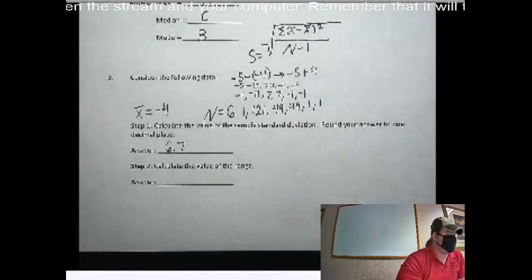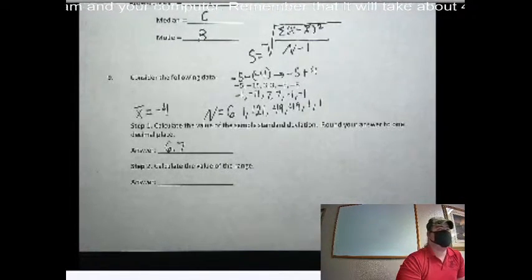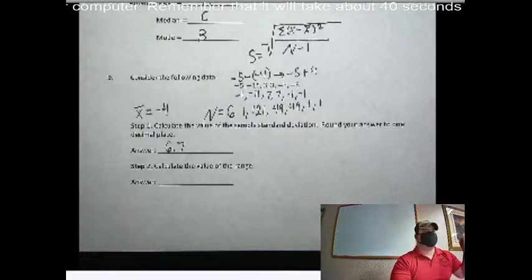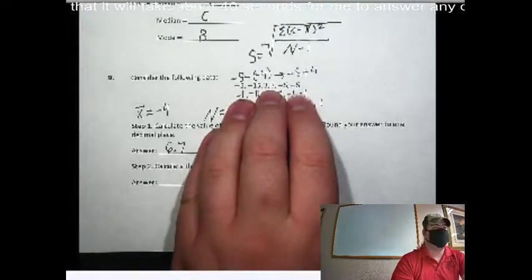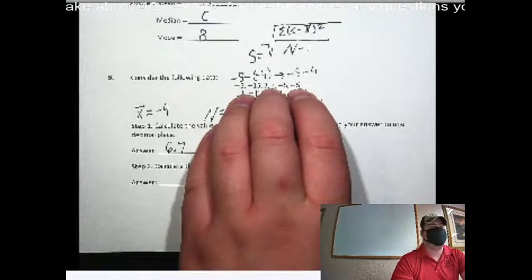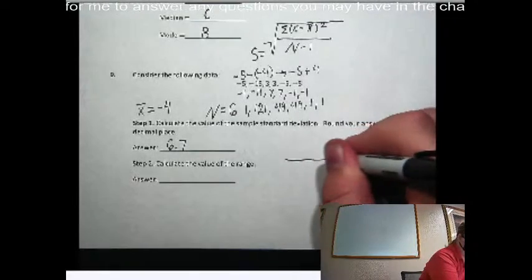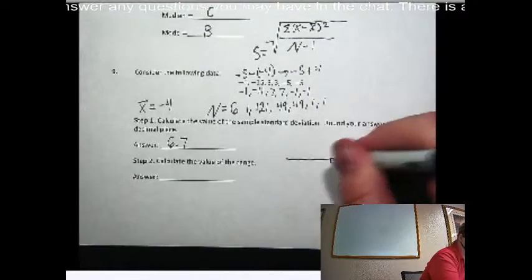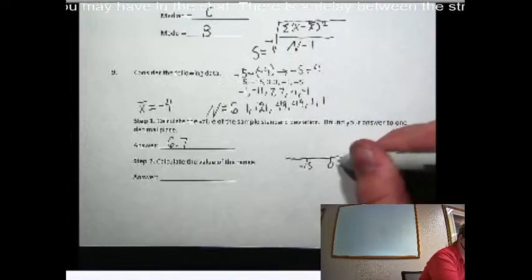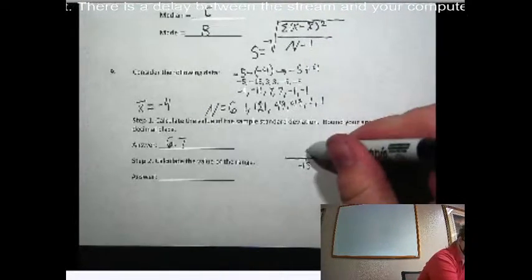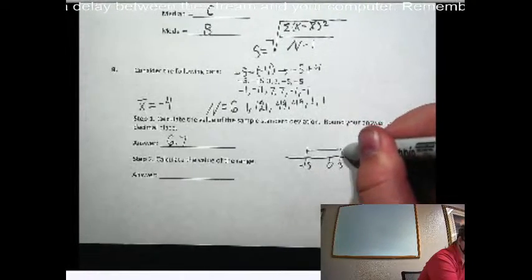Okay. And now the range. So what is our smallest number? -15, and our largest number? 3. Okay. So think about it on a number line. Range is a distance. We need the distance between this and this.